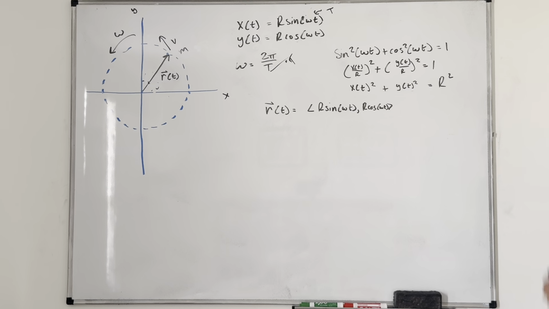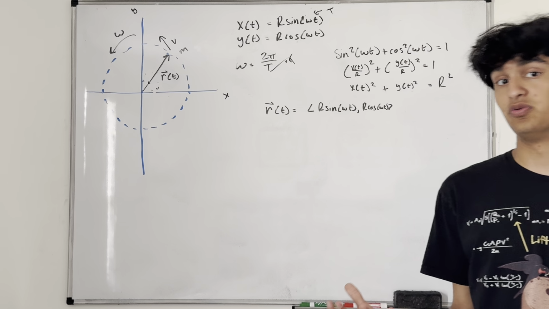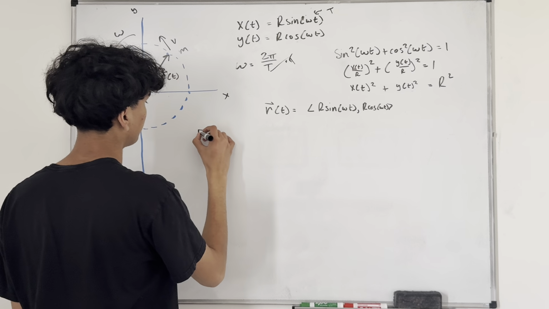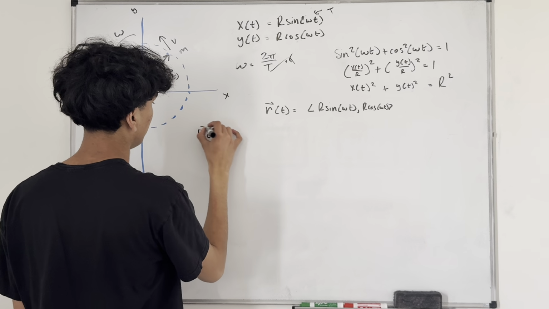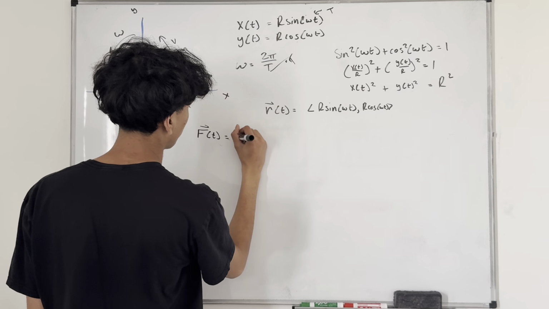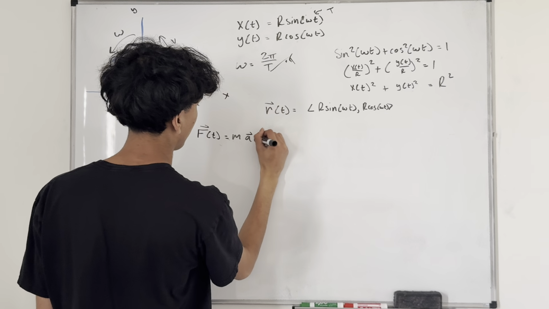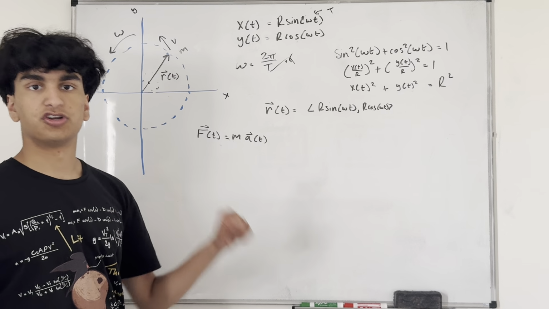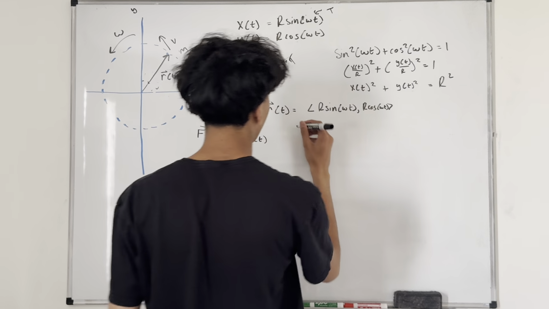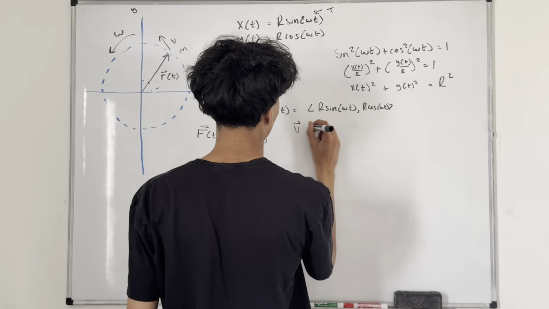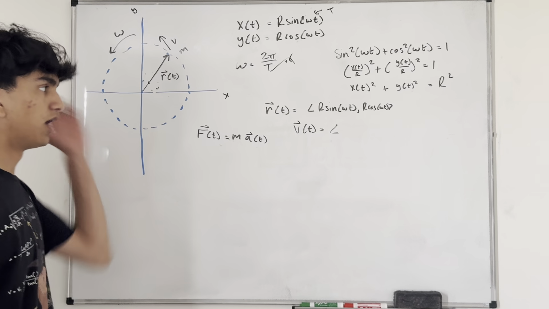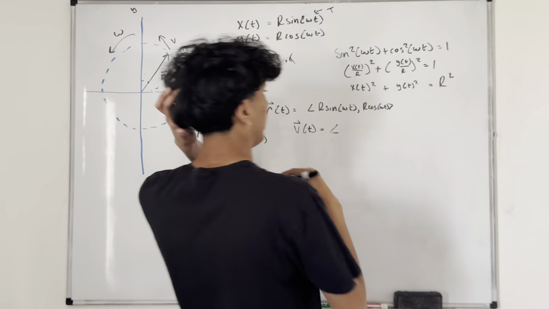So what we can do is just use Newton's second law. We know by Newton's second law, the net force on an object is going to equal the mass times the acceleration of that object. So we can take some derivatives to go from position to acceleration. The first derivative gives velocity. For your trig, you would have to use chain rule.